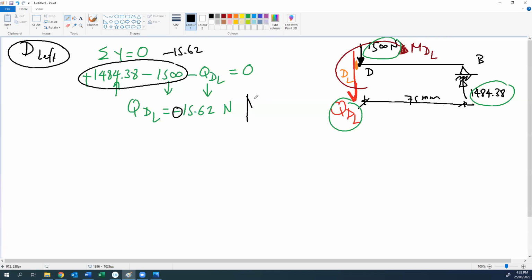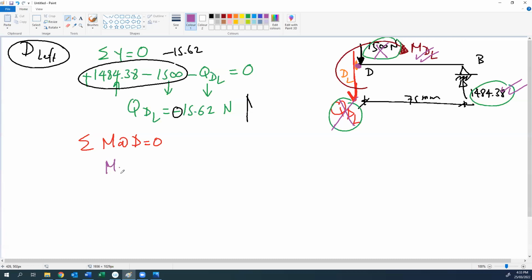The reverse direction. The second step, to find the moment at D left, we will apply the moment at D equal to 0. So if we are at D here, this force doesn't have moment, this force doesn't have moment, so we will have the reaction and MD left.